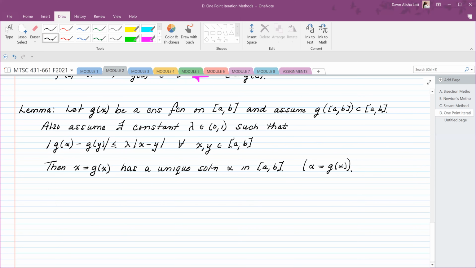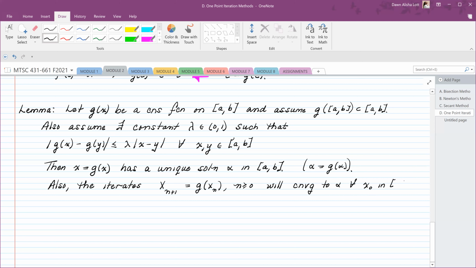Also, the iterates x_{n+1} equal to g of x_n, for n greater than or equal to 0, will converge to alpha for all x naught in [a, b].